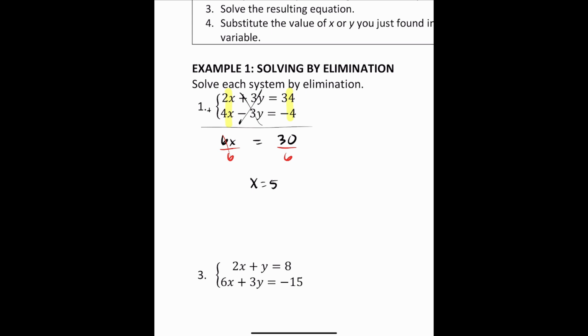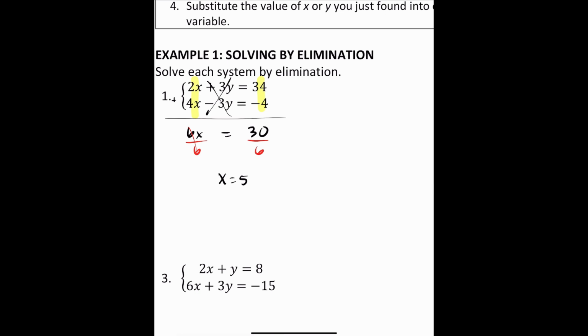Now I need to find my y value. So you're going to take your x equals 5 and plug it into one of the equations. You can choose 2x plus 3y equals 34 or 4x minus 3y equals negative 4. Let's just plug it into the first equation. So 2x plus 3y equals 34. If x is equal to 5, then I have 2 times 5 plus 3y equals 34.